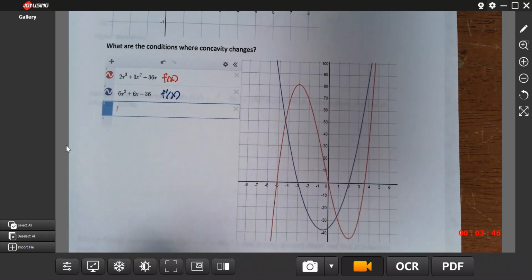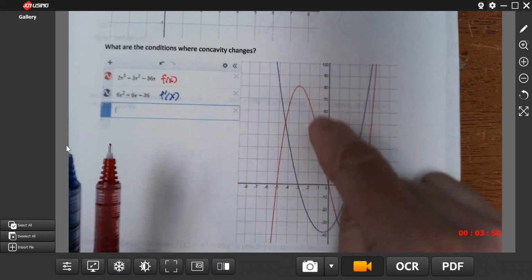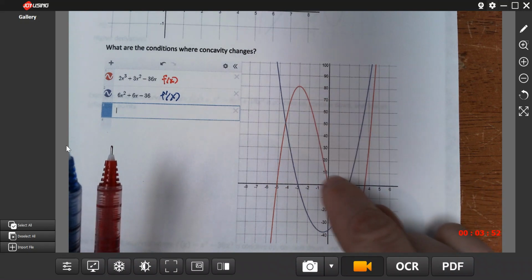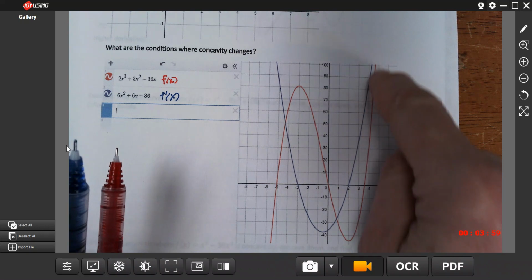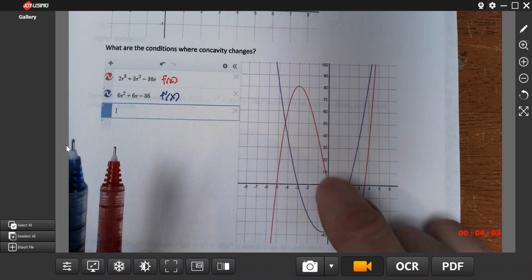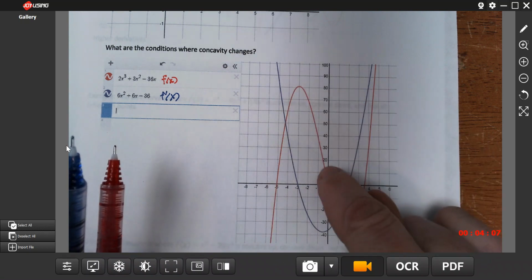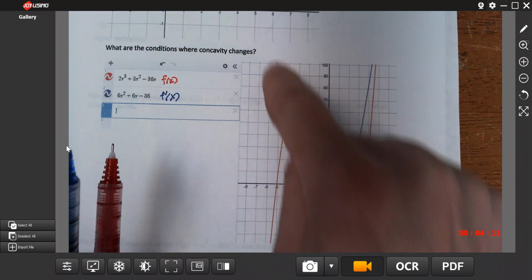So the red is my function, and the blue is my derivative. If I look at the red, it's concave down here until somewhere around 0 or close to it, and then it changes to be concave up over here. So the curvature changes somewhere right around there, right? Concave down, concave up. So let's look at the blue, the derivative.